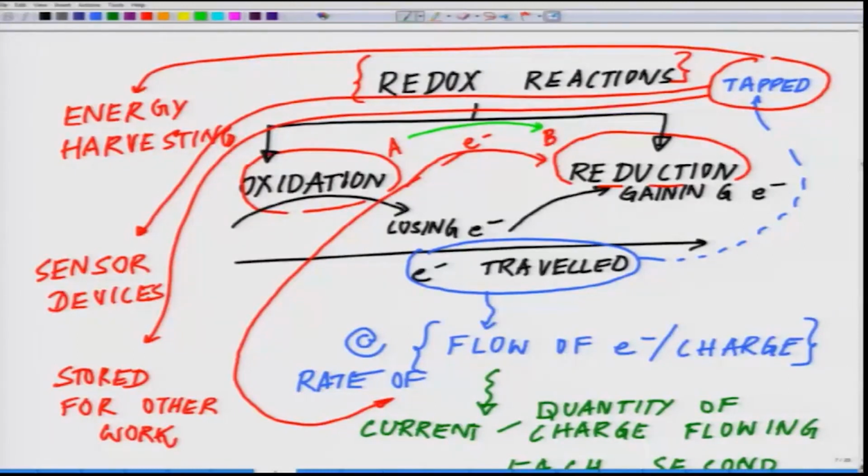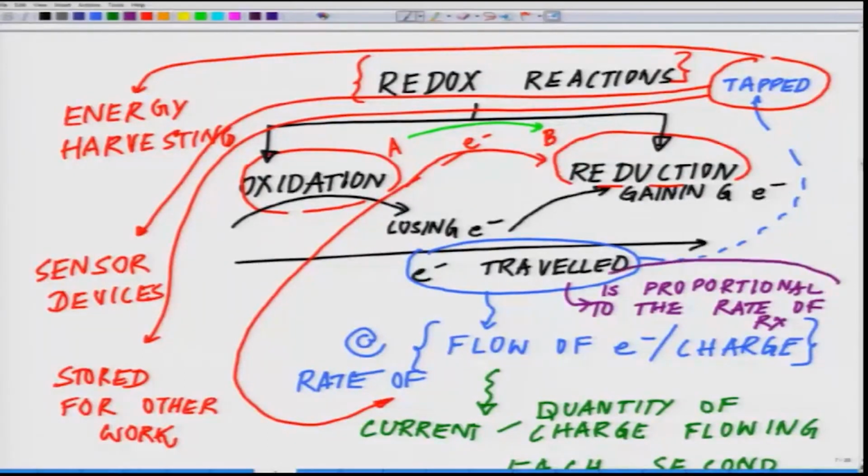Whenever there is a movement of electron, this movement indirectly tells something else: it is proportional to the rate of reaction.